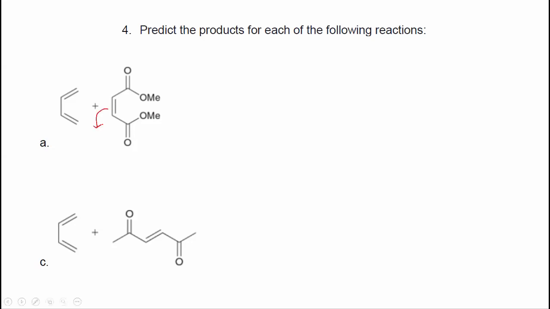So we're going to form a new bond here. This will form a new pi bond, new bond here. So this is our new bond, double bond there.